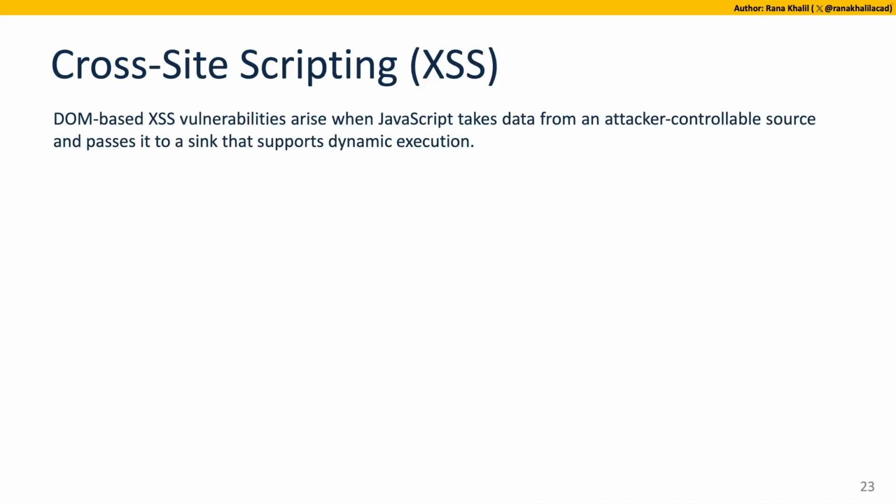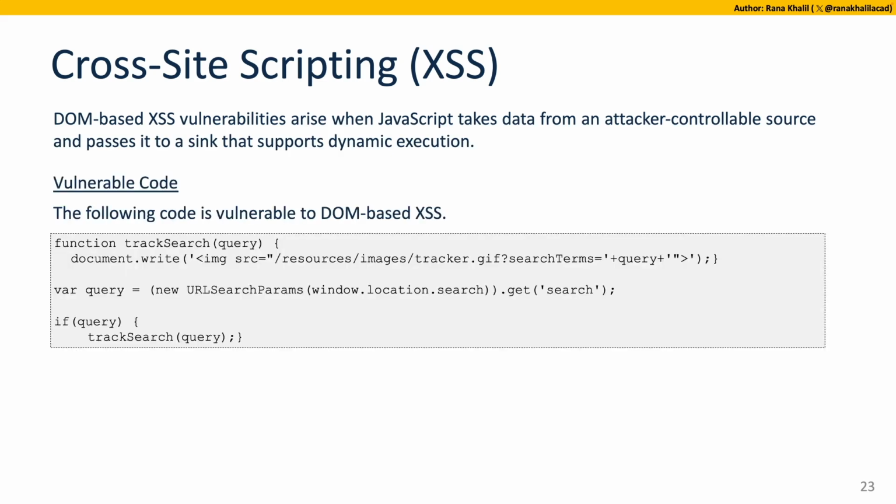DOM-based cross-site scripting vulnerabilities arise when JavaScript takes data from an attacker-controllable source and passes it to a sink that supports dynamic execution. Let's take an example to better understand this. This piece of code over here is from an application that has a search functionality. When you enter a term that you want to search for, it takes that as user-supplied input and sets it to the variable query.